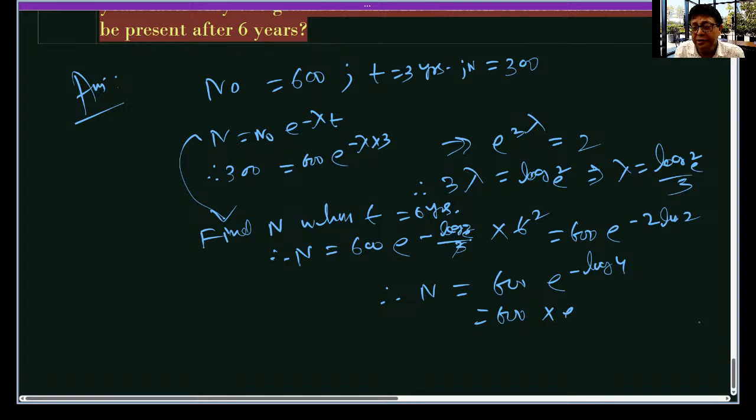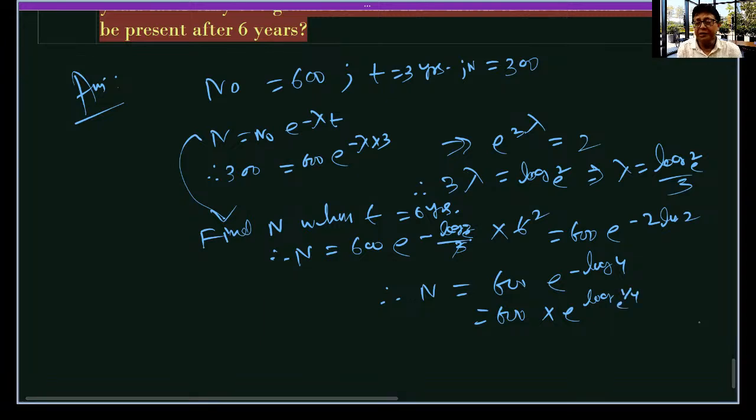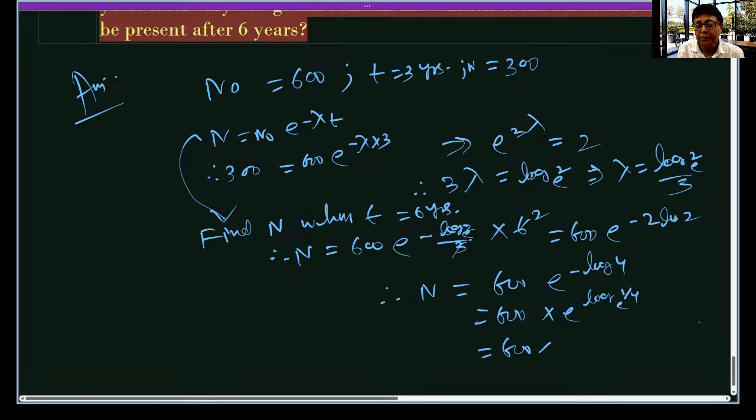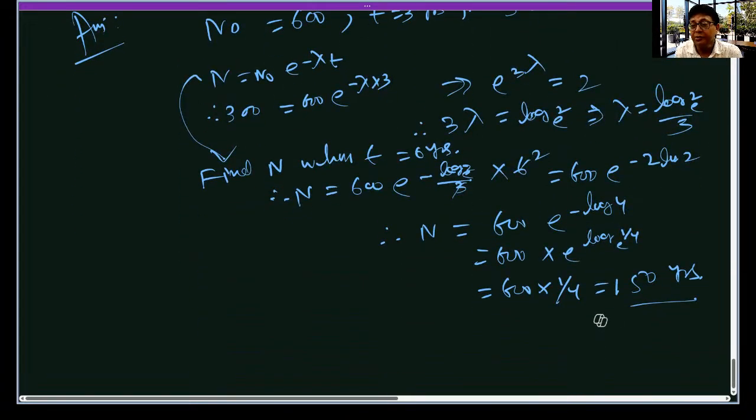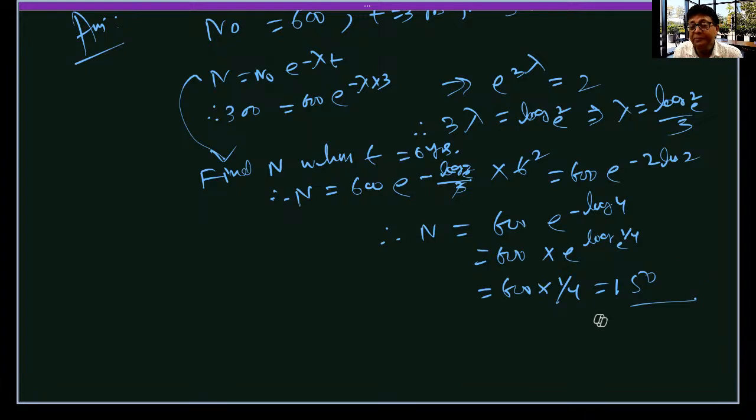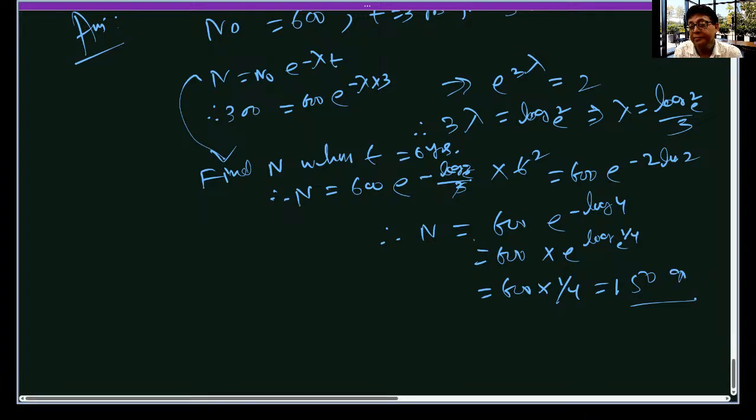You write e to the power, this minus you absorb, log 1 by 4 base e, and this is a very familiar form. E to the power log x base e is x only. So 150, not years, sorry, 150 grams will be remaining.